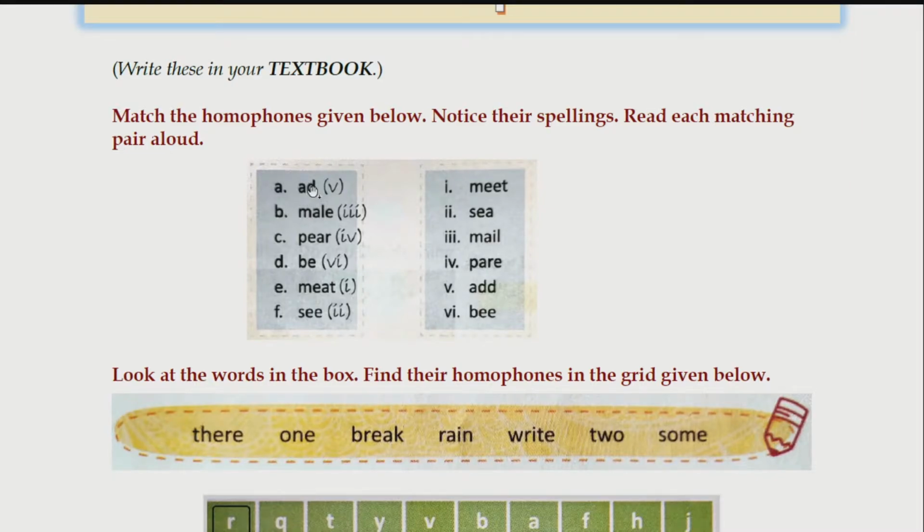And the same kind of pronunciation is also there for this word. This is also pronounced as ad. But the difference is the spelling. You can see this is AD, this is ADD. So in the same way, all the homophones will be having the same sound, the same pronunciation, but different spellings.